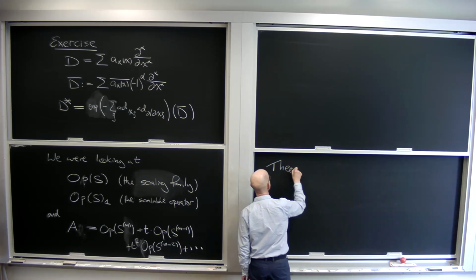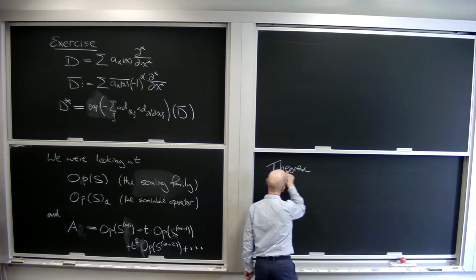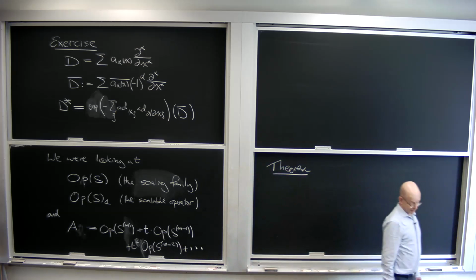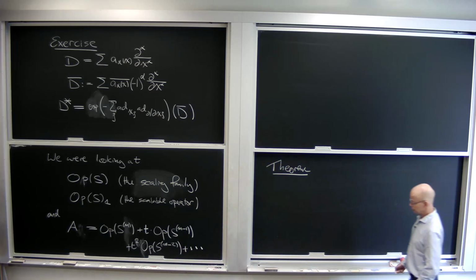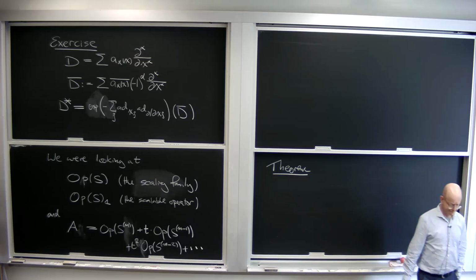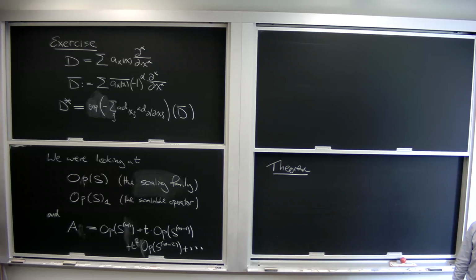So here's the result. This is sort of an optional result, but it sure is conceptually very clarifying to have it available. And maybe I'll state it in the language of operators rather than scaling families, just to cut down on the T's and so on.